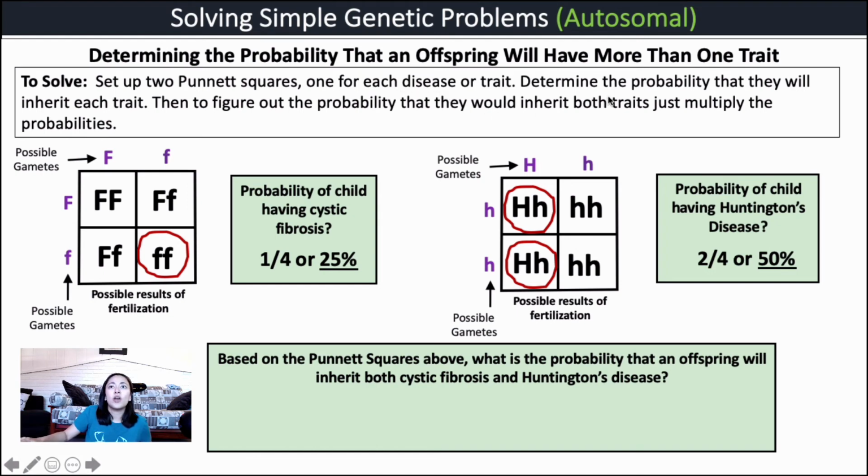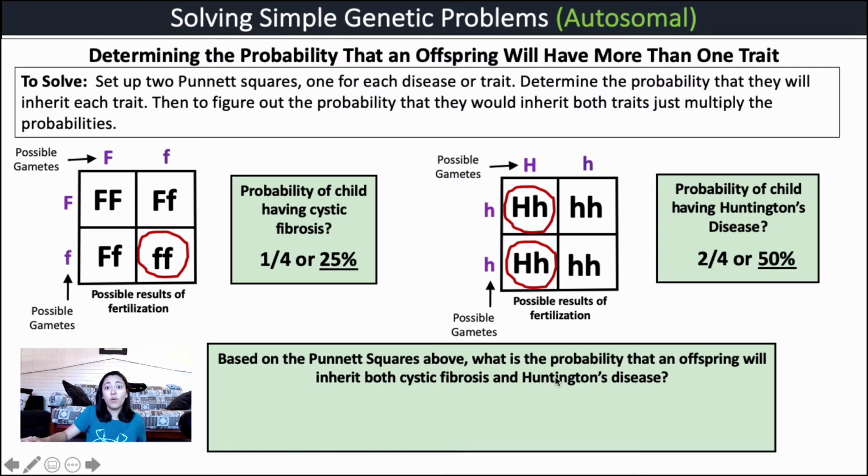You're going to then determine the probability that a child will inherit each of these traits. Then to figure out the probability that the child would inherit both of these traits or both of these diseases, you just multiply the results that you get. Let's just say that I'm looking at 2 diseases, cystic fibrosis and Huntington's disease.